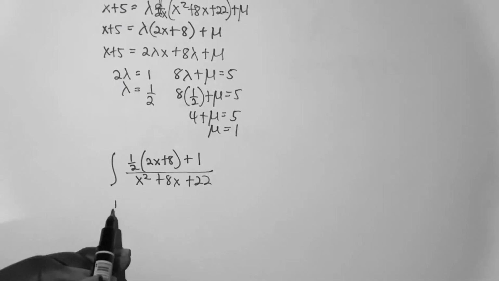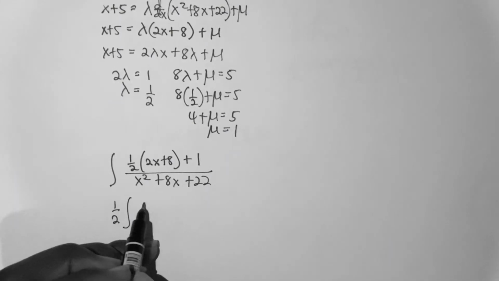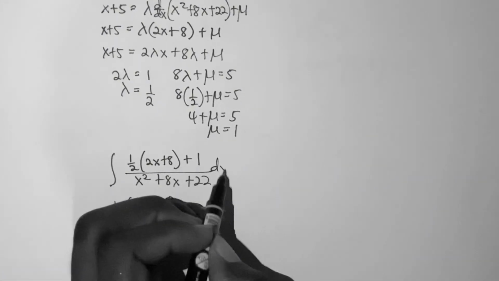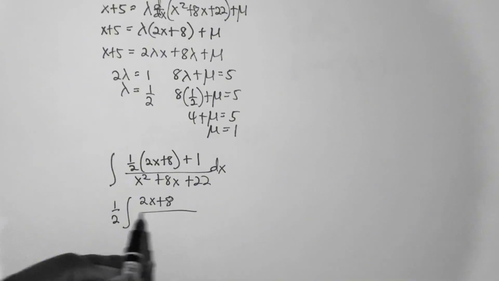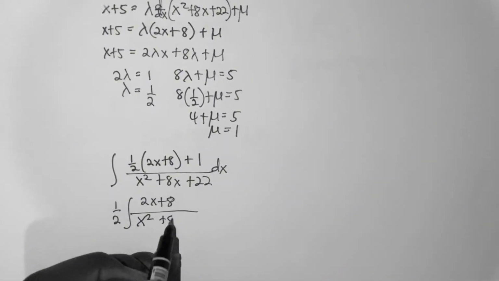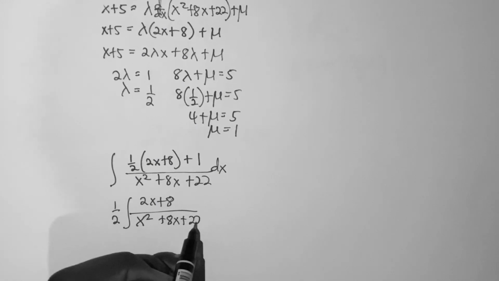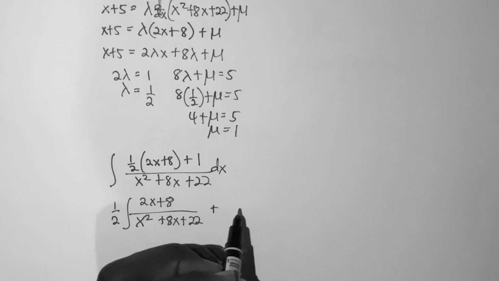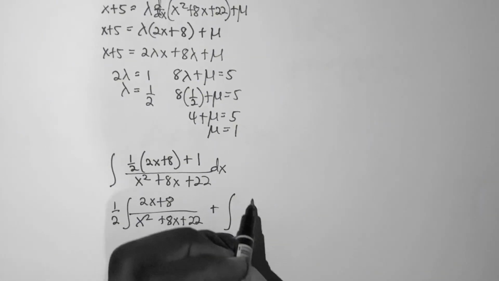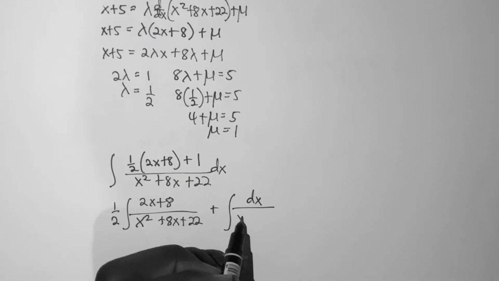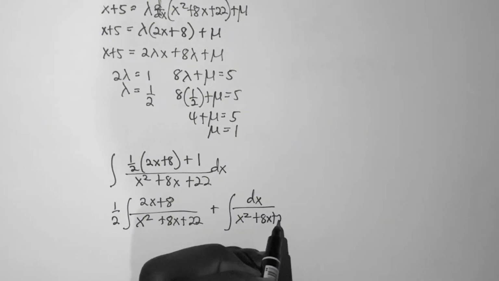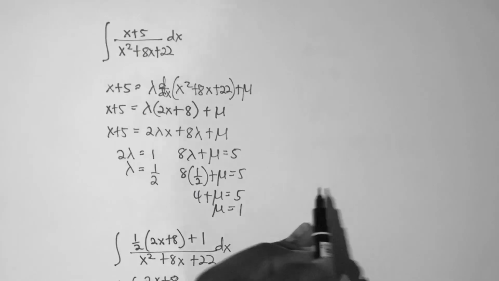This becomes half of the integral of (2x plus 8) dx divided by x squared plus 8x plus 22, and then plus, there's a 1 here, which is the same as dx, so the integral of dx divided by x squared plus 8x plus 22. And let's continue from the top.